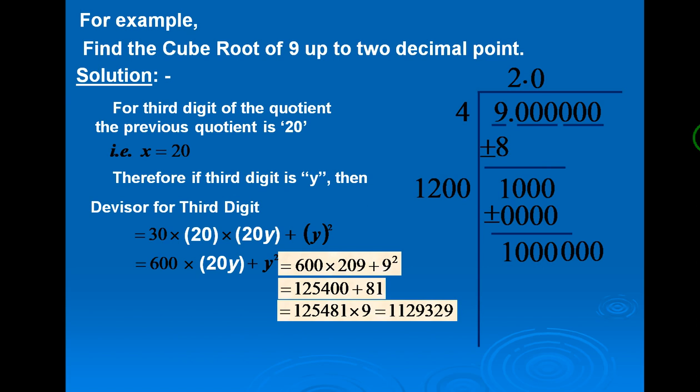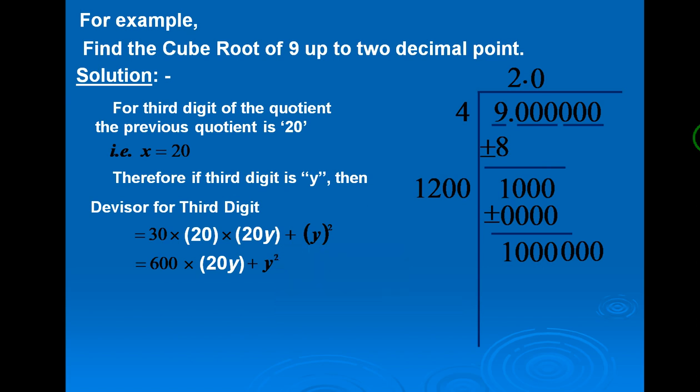Therefore, the new digit can never be 9. And for number 1000000, the possible value of y is 8.